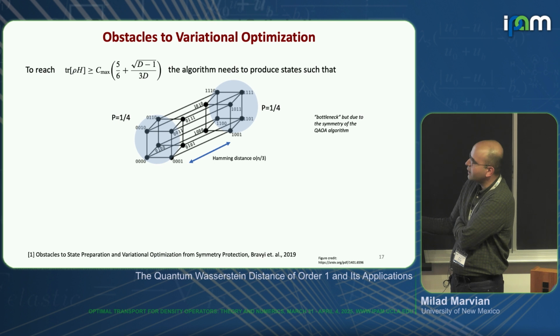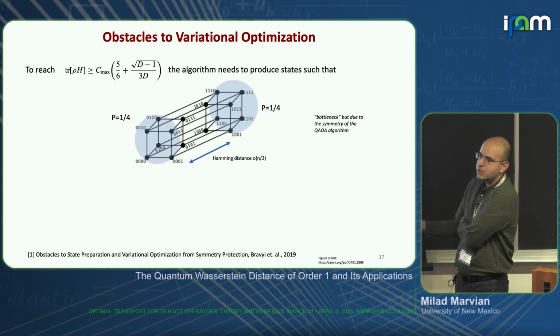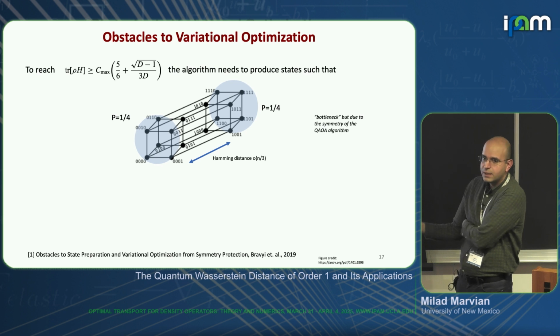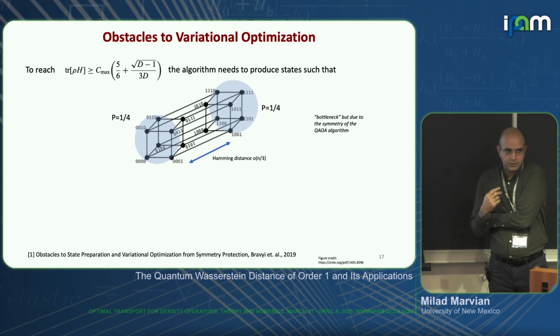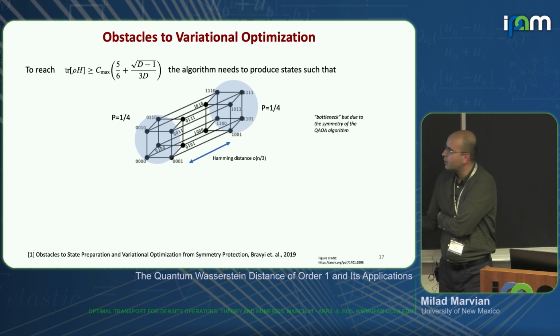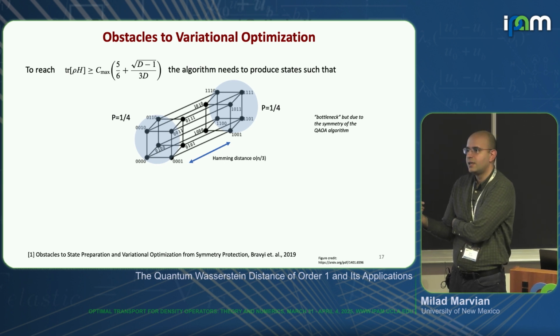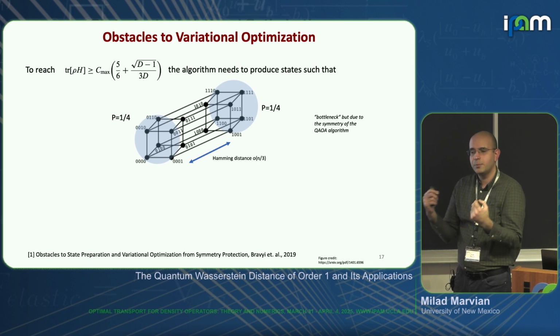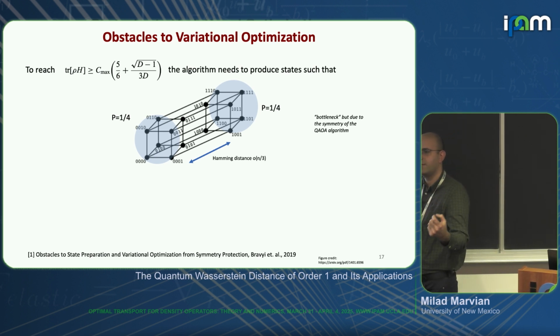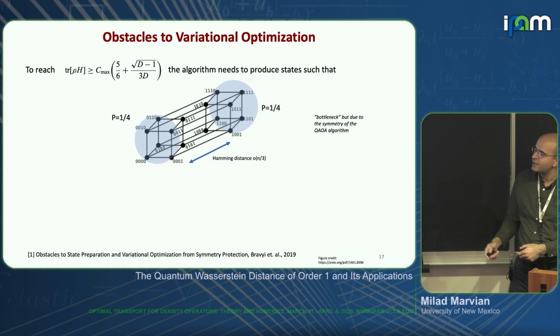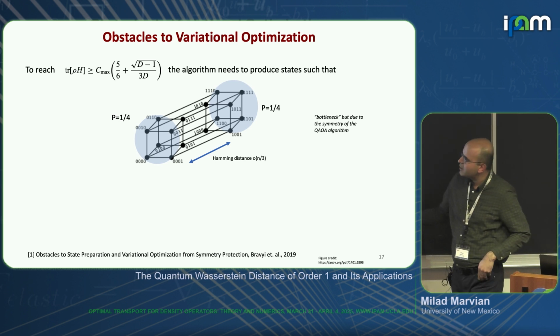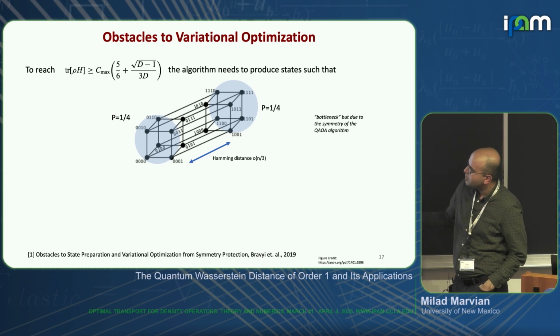And I won't explain it, but they show that if you want to generate a state that has high enough energy, you have to do this. This is very similar to what Bobak talked about, which is about the bottlenecks, if you remember from his talk, where he was thinking about the mixing time and having the bottlenecks and having these projectors and transitions, etc. But this looks like a bottleneck because you have something that you want to generate proportional to n.